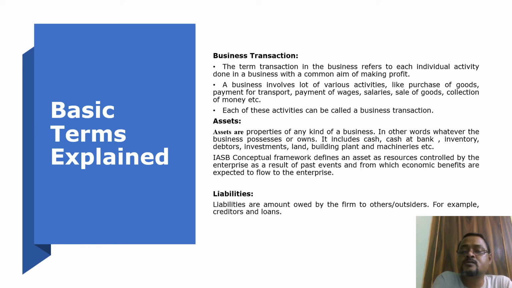Assets, according to the conceptual framework developed by IASB, are those resources which a company or enterprise owns and controls, and which are expected to provide economic benefits for the enterprise in the future.